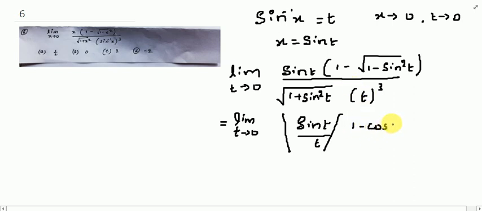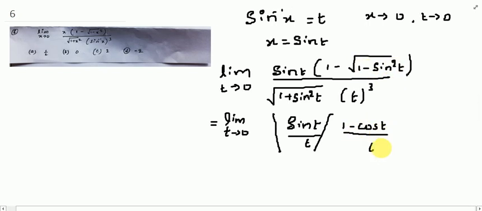If you simplify this, the square root of 1 minus sine square t will be cos t, divided by t square term. Therefore this is also a standard result. Now I am left with 1 divided by square root of 1 plus sine square t.